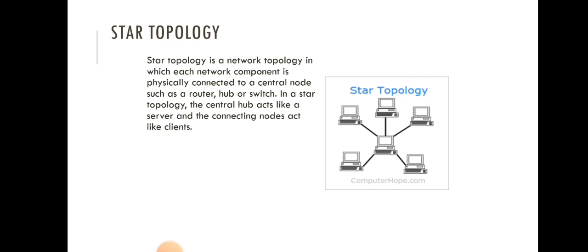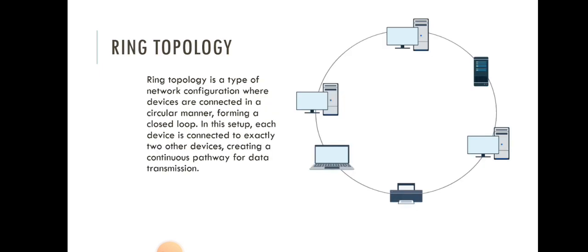Star topology is a network topology in which each network component is physically connected to a central node, such as a router, hub, or switch. In a star topology, the central hub acts like a server and the connected nodes act like clients. Ring topology. Ring topology is a type of network configuration where devices are connected in a circular manner, forming a closed loop.